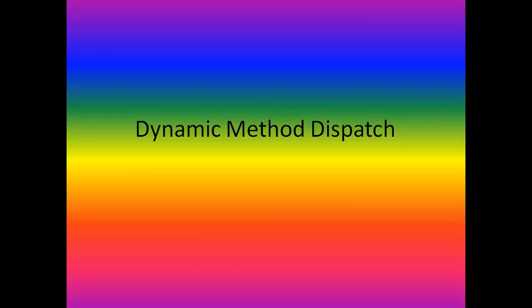When we have multiple overridden methods, how does Java determine which method should be called? The mechanism behind this process, we call it dynamic method dispatch.